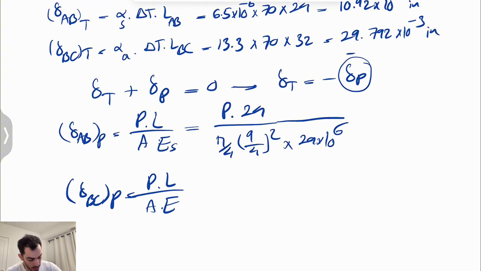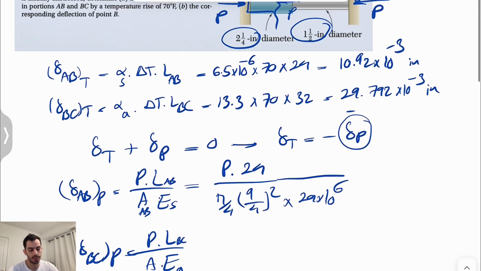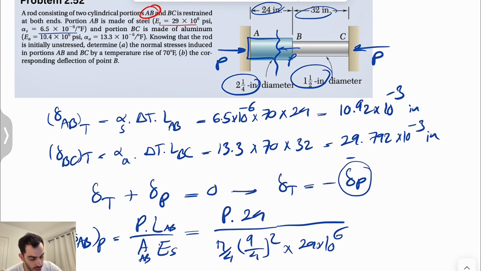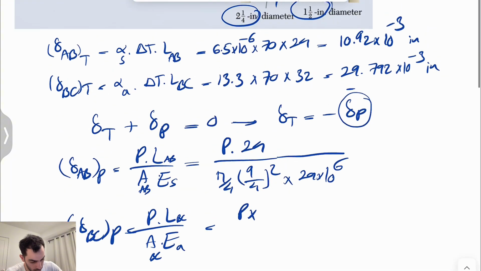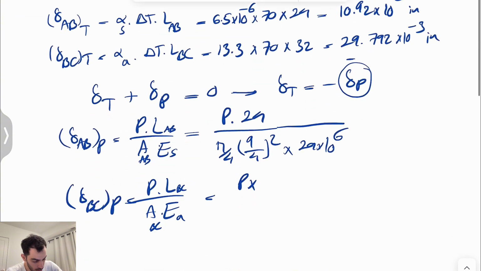Again, this was steel, and this is aluminum, AB and BC. If you want to find the force in portion BC, we can do a cut like this. This is B, the force on the support. We have to have the same P here just to satisfy our equilibrium condition. And this is going to be P times the length, which was 32.